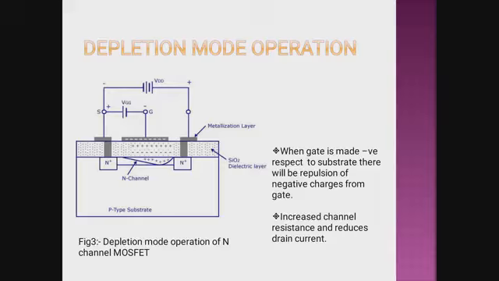Why? Because we can see from the figure, the depletion layer almost covered the entire channel width. That means the channel resistance becomes much higher, and the amount of flow of current will be reduced. And this condition or this mode is basically called the depletion mode MOSFET.